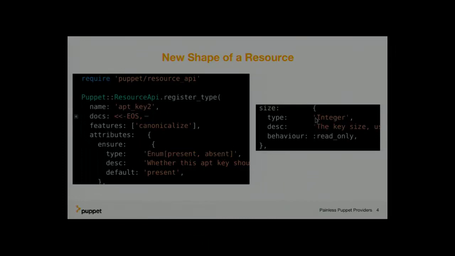Here on the right side, the size attribute from before. This is now an integer, and you can specify the read-only behavior here, and all of that works out of the box as expected. And you don't need any custom code in the provider to make that happen.